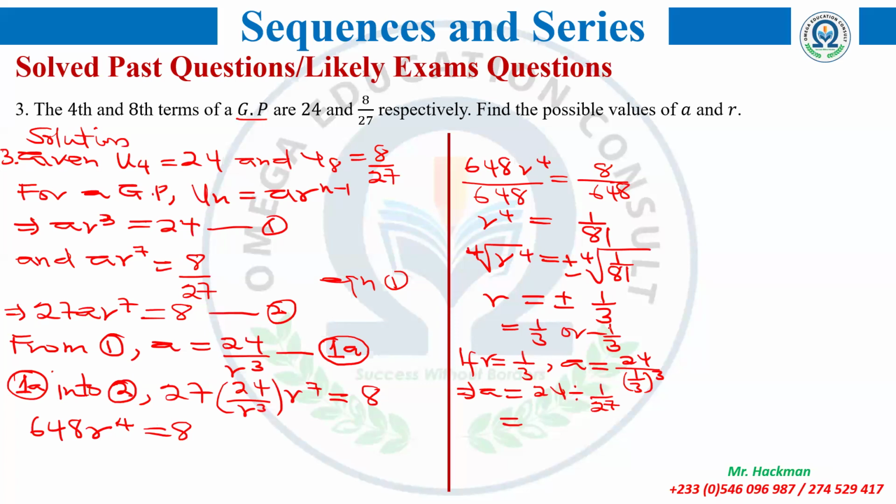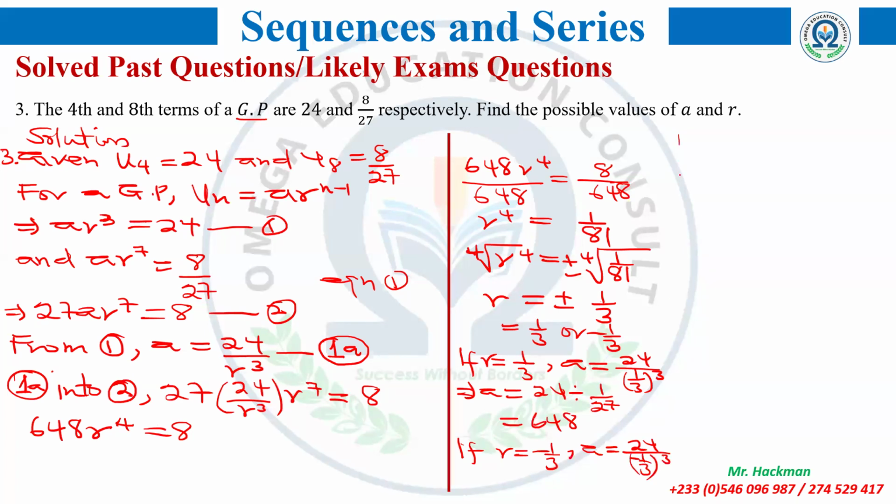Yes, please. Okay, so that gives us 648. Okay, that is one value for A. So you go and do that for the other one, if R is equal to minus 1/3. That will also give you A equal to 24 over minus 1/3 in brackets cubed.